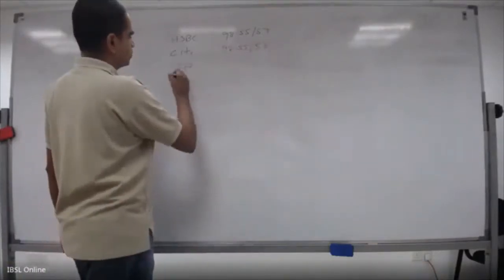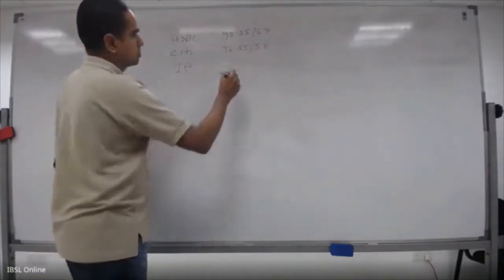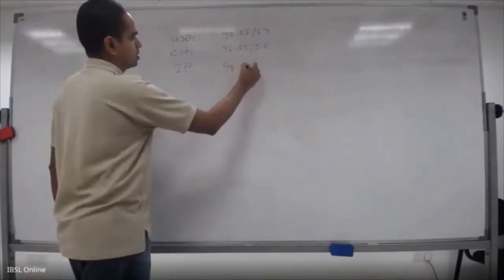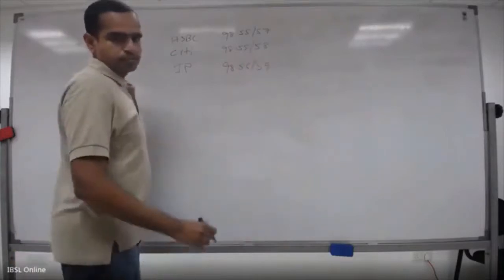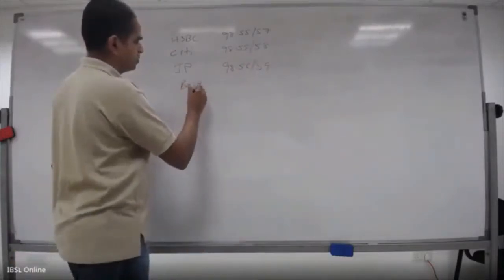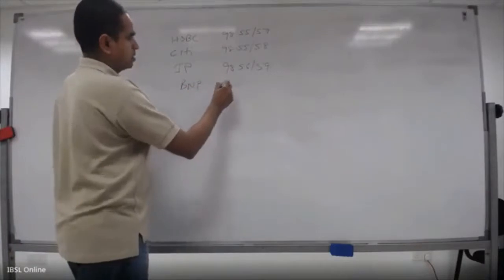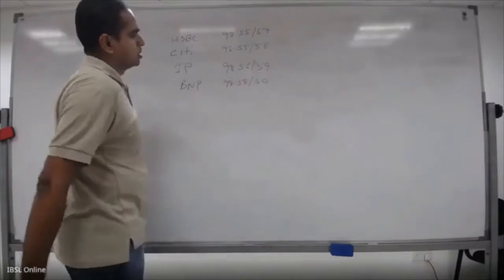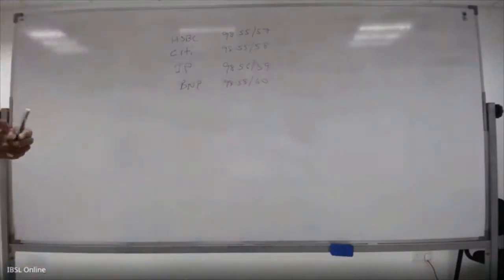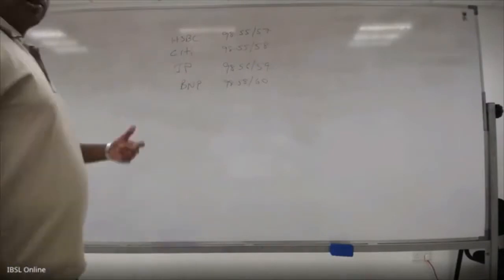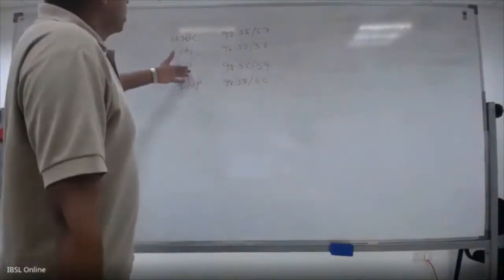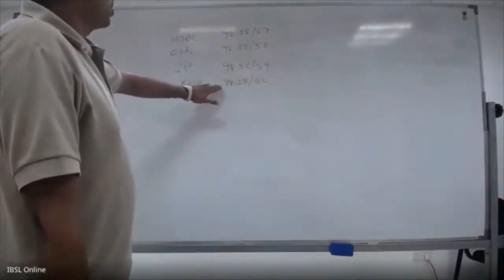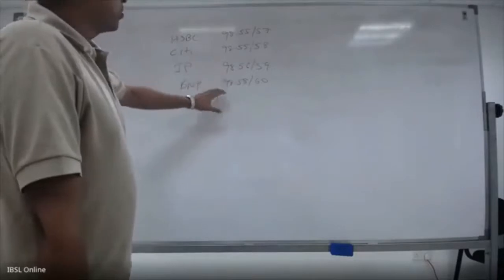JP Morgan 98.56.59, and BNP 98.58.60. And so if you find the best possible bid, if you are looking to sell dollars, the best bid would be the highest bid, right?